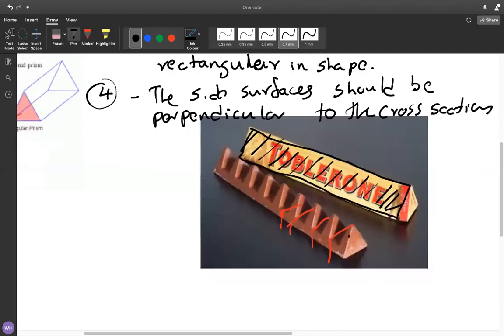Here, this is a triangular cross section, and the side surface makes a 90-degree angle with the triangular cross section, right?